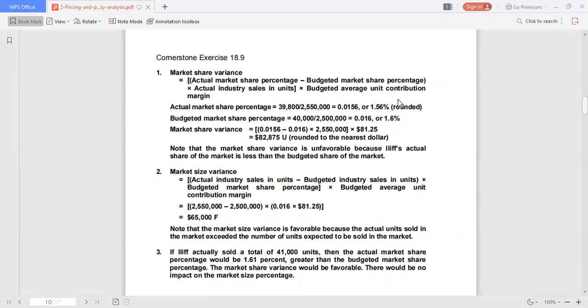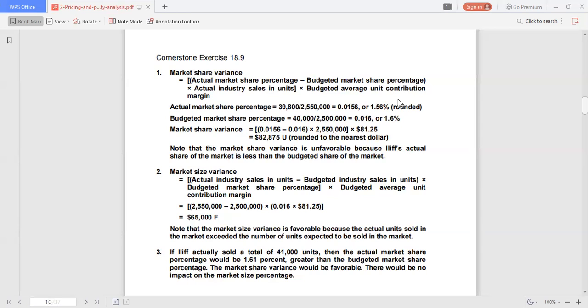Okay, so we have now 82,875. It's an unfavorable market share variance because the actual share of the market is only 1.56%, while the budgeted is 1.6%. Now, calculate the market size variance.